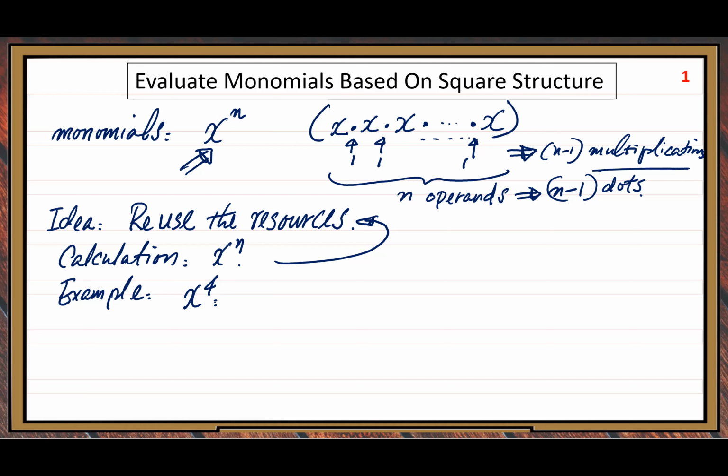If we use the old way, x dot x dot x dot x, four copies of x with 3 dots, it gives us 3 multiplications.